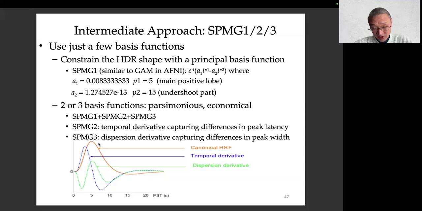But the big problem with this approach, which is adopted across all software packages, AFNI, SPM, FSL, is that in the end, people just throw away those 2 auxiliary basis functions. They throw away the beta values and only focus on the beta associated with the canonical curve.